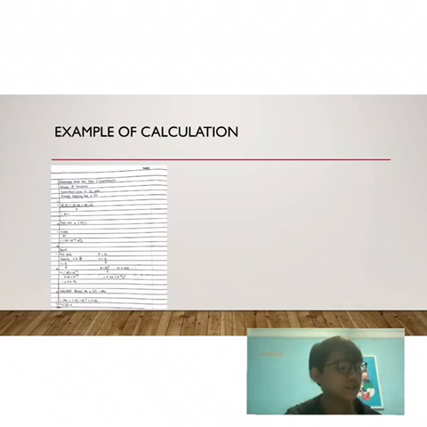To get A, we must use the formula pi d squared over 4, and the diameter given is 0.008, and we get the answer 5.03 times 10 power of -5 square meters.